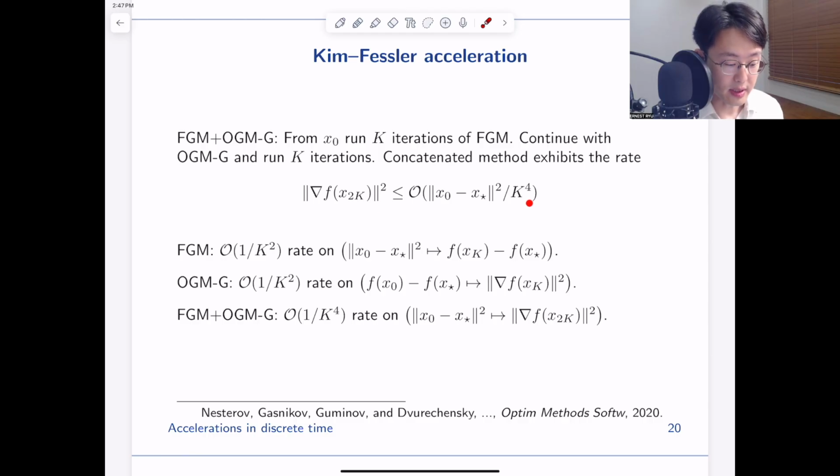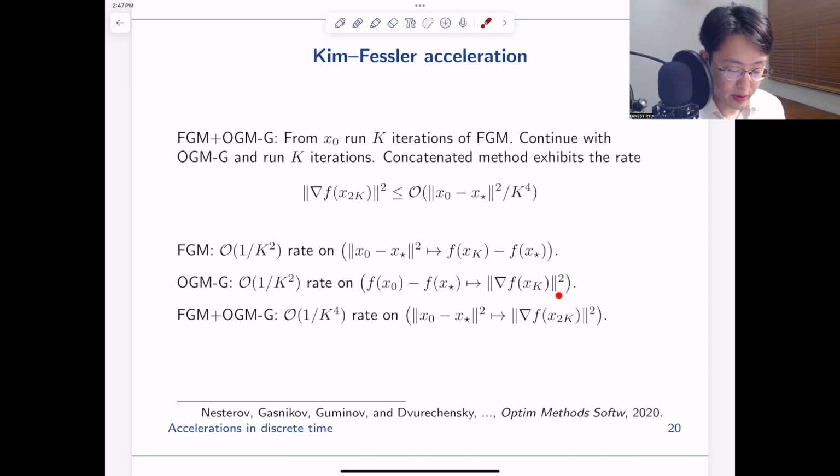Now, why is that the case? Well, Nesterov's fast gradient method, of which we run k iterations, provides a 1 over k squared guarantee on the function value suboptimality of the output. OGMG, which we execute k iterations of, requires an initial suboptimality on the function and produces a guarantee on the squared gradient magnitude.